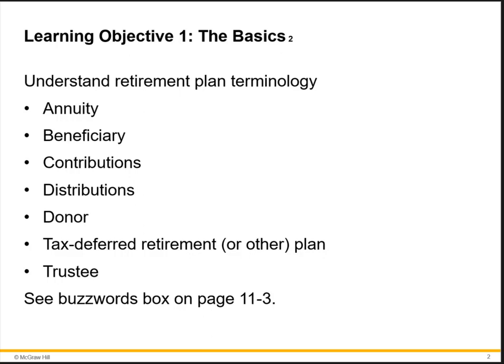But regardless of what that is, there usually has to be a trustee, and this trustee is going to be an individual outside of the employer, outside of the individual saving for retirement, who watches over the money and makes sure that anything going in or out is reported properly, and that there are no incompatible investments.